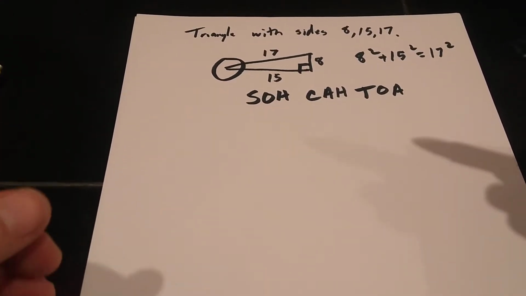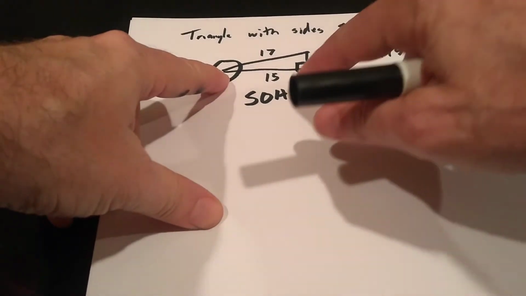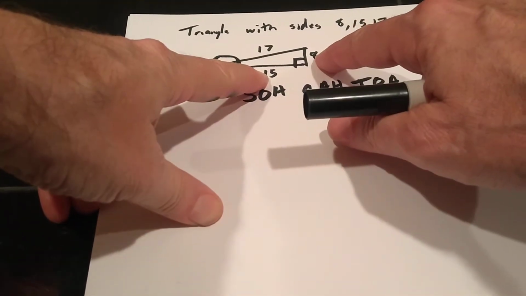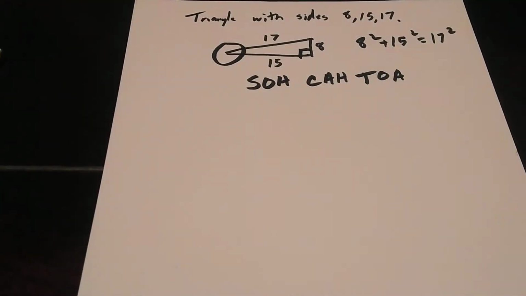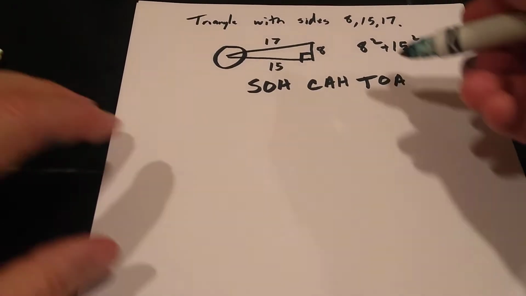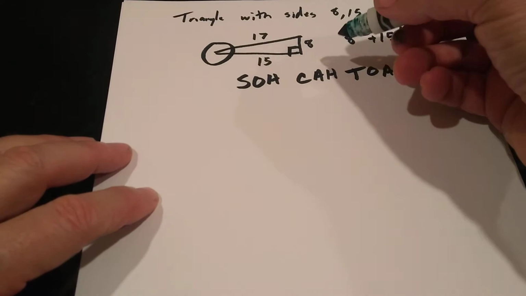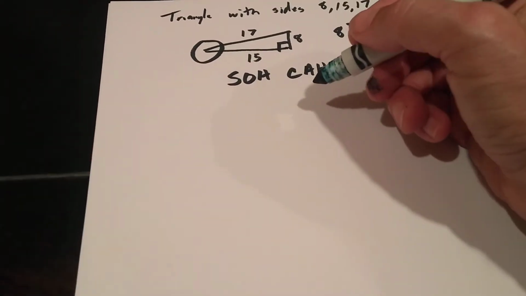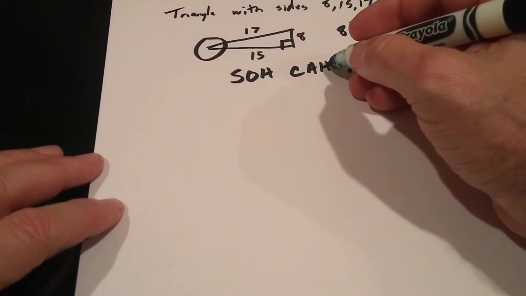Up until now, usually we're given the angle and you've got a side and you're missing a side, and you use the relationship between those to figure out the missing side. In this case, we've got the sides and we're going to figure out the angle. So I'm just going to use cosine to start with.